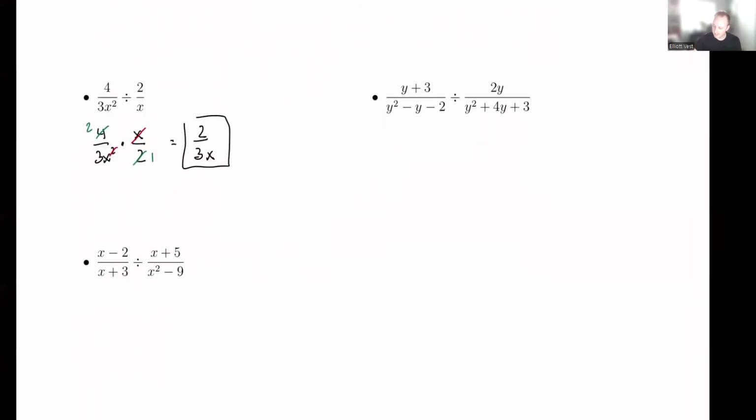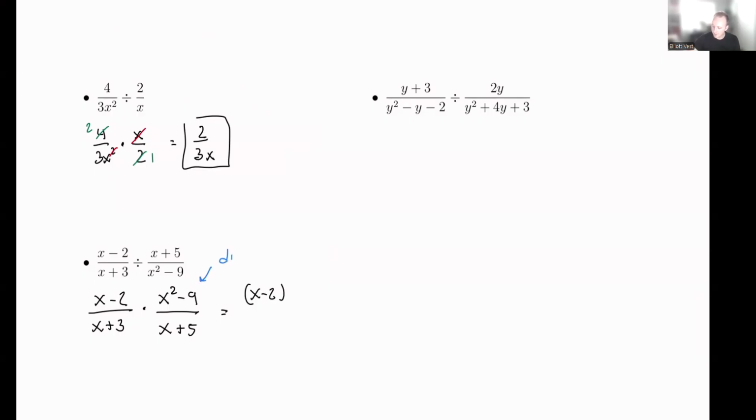So let's try this next one. I have dividing by fractions: x minus 2 over x plus 3 divided by x plus 5 over x squared minus 9. When dividing fractions, don't ask why, flip the second and multiply. Times, and I do the reciprocal, I flip the second, but it's multiplied now. I can't see anything that cancels yet, but I can change this x squared minus 9.